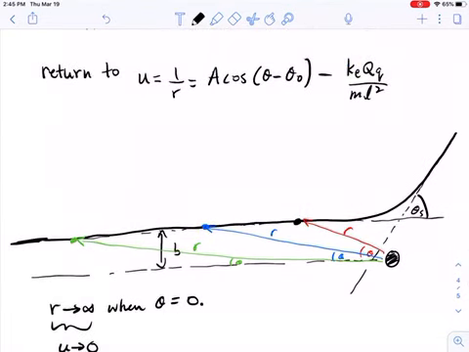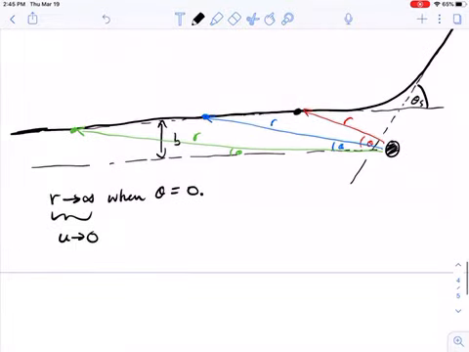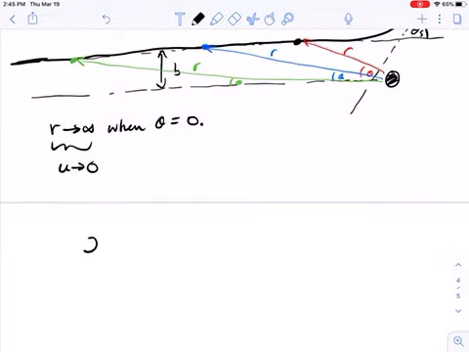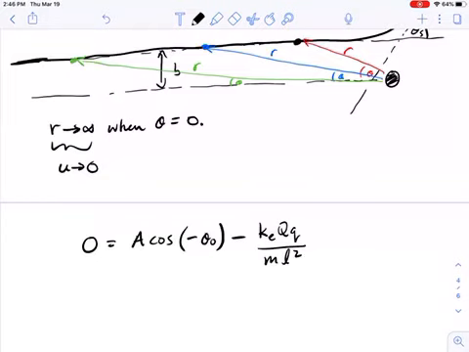So we could go over to this expression, and we could say U is equal to 0 when theta is equal to 0. Okay, so U is equal to 0 when we have A cos of theta minus theta naught just becomes minus theta naught, and then we have minus K Q Q over M L squared.